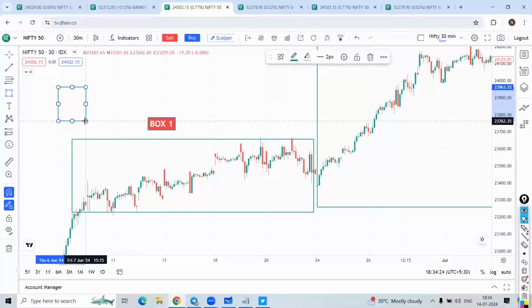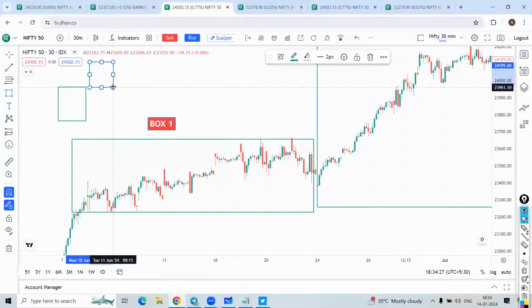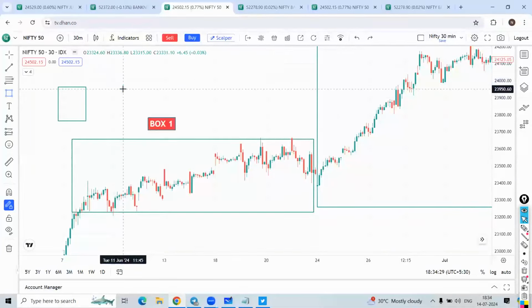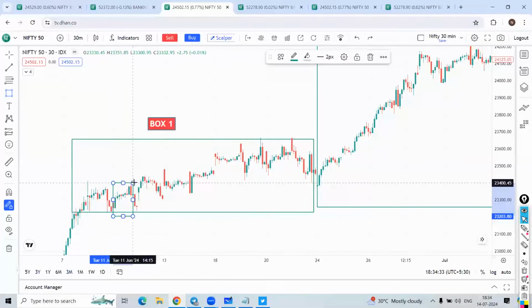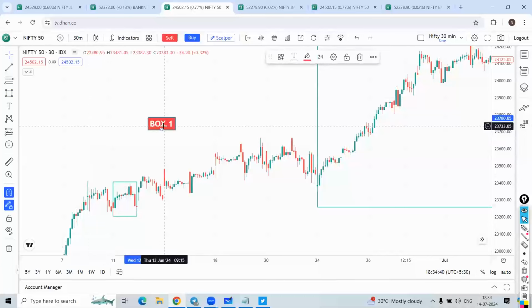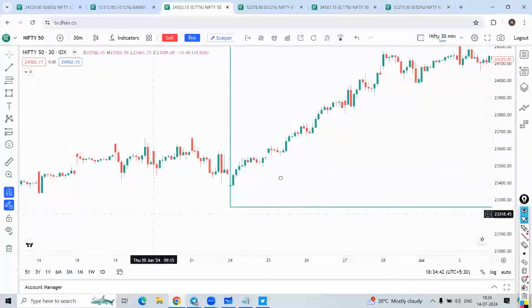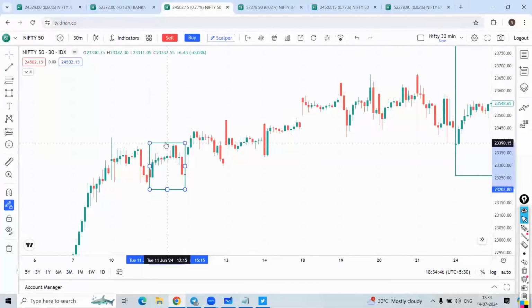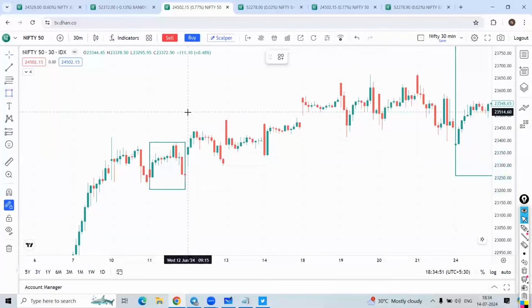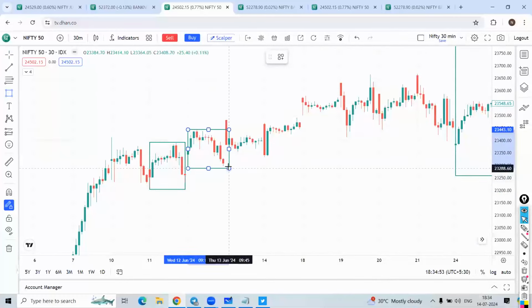This is one trading session. Next trading session. If I want, I can mark it here also. This is session 1. I'll remove this box for the minute. Okay, this is session 1. I'm just selecting the highs and lows. That's it.